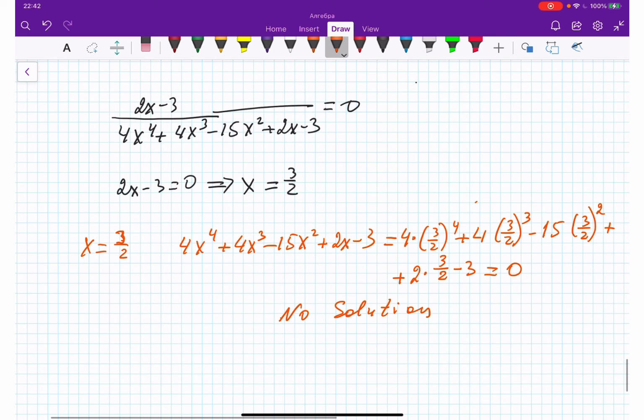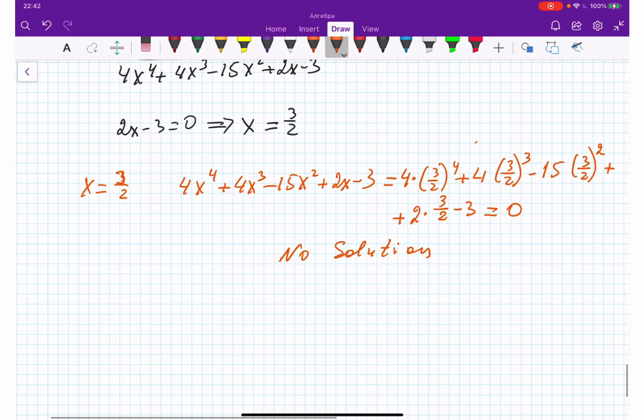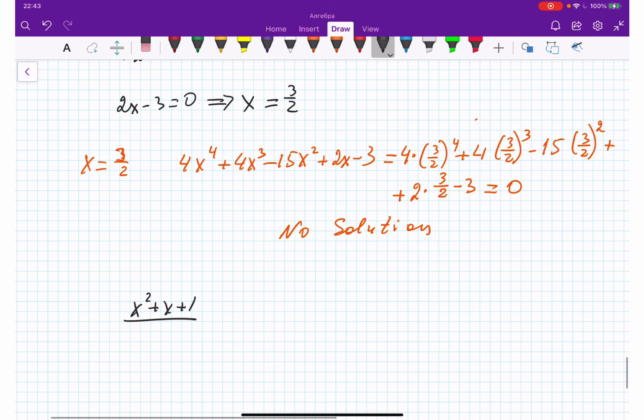Okay, and I think this is the last one. Yes, so we have x squared plus x plus 1 over x minus 3 is equal to 0.